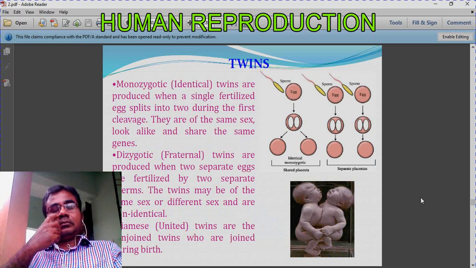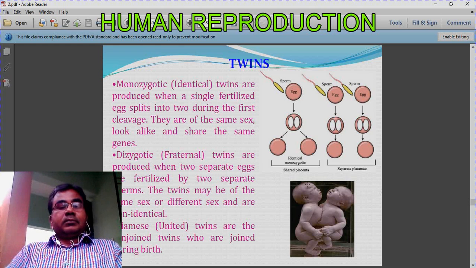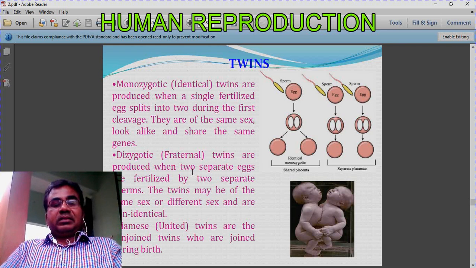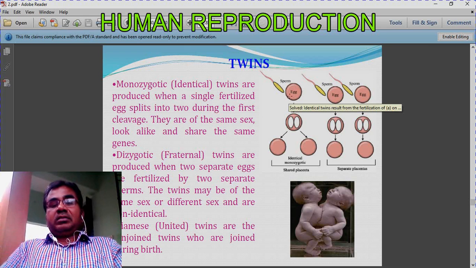Twins. Two types of twins: monozygotic and dizygotic. Identical twins and fraternal twins. Now the first one is identical twins. One sperm and one egg fuse and form a zygote. The zygote is a single cell that undergoes the first cleavage division.